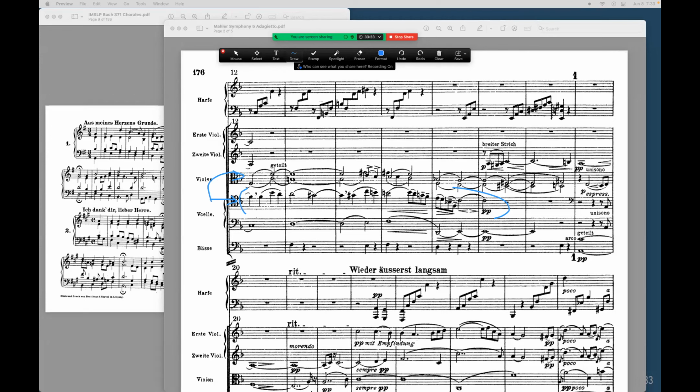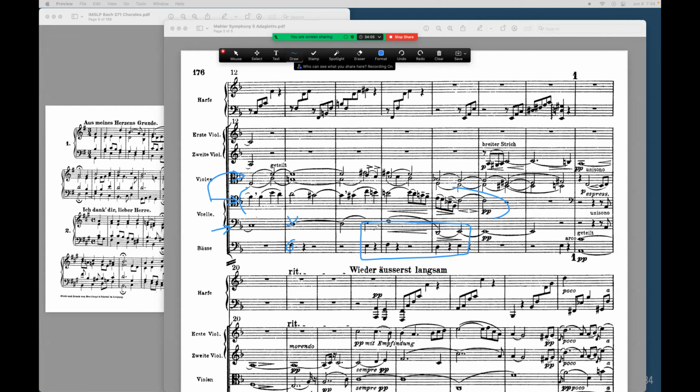Then you have the second cellos, which are tag teaming back and forth as an inner voice. So here, this D is part of an inner voice, and then we have this in the bass. And for the rest of this, you have the second cellos and the basses either doubling in unison or an octave holding down the bass line. So in this system, you actually see the cello holding down two different roles.